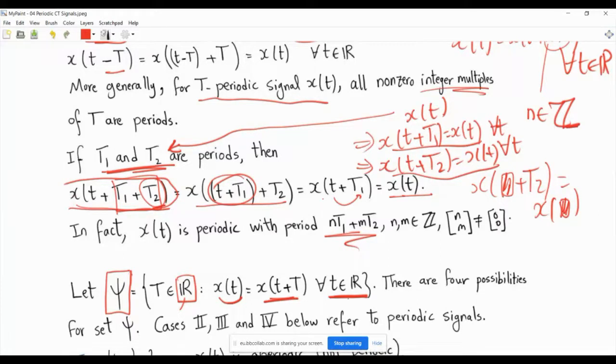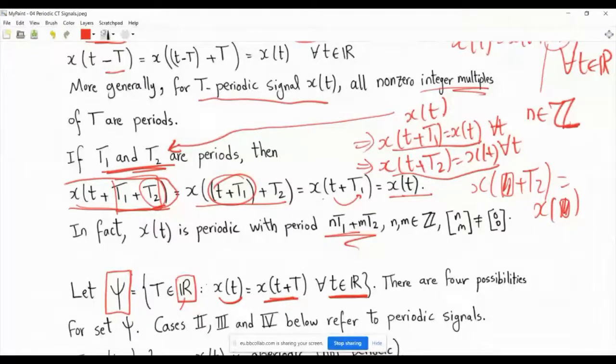Okay, so now this set psi is guaranteed to be non-empty, right? Because if you put big T equal to 0, then this will be true for all signals.